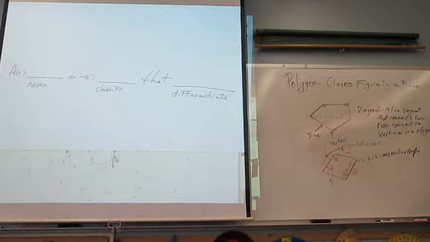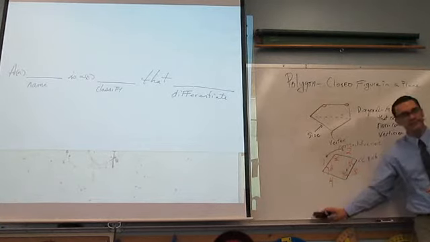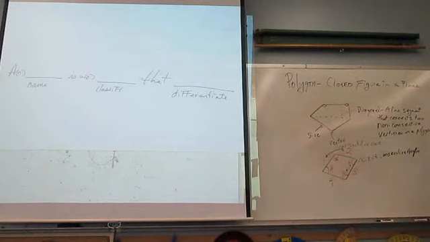What else? You have concave and convex polygons. I'm going to erase this. Everybody got it? Yeah. So that word consecutive means in order. Like 1, 2, 3, 4, 5, 6, those are consecutive numbers. Okay?